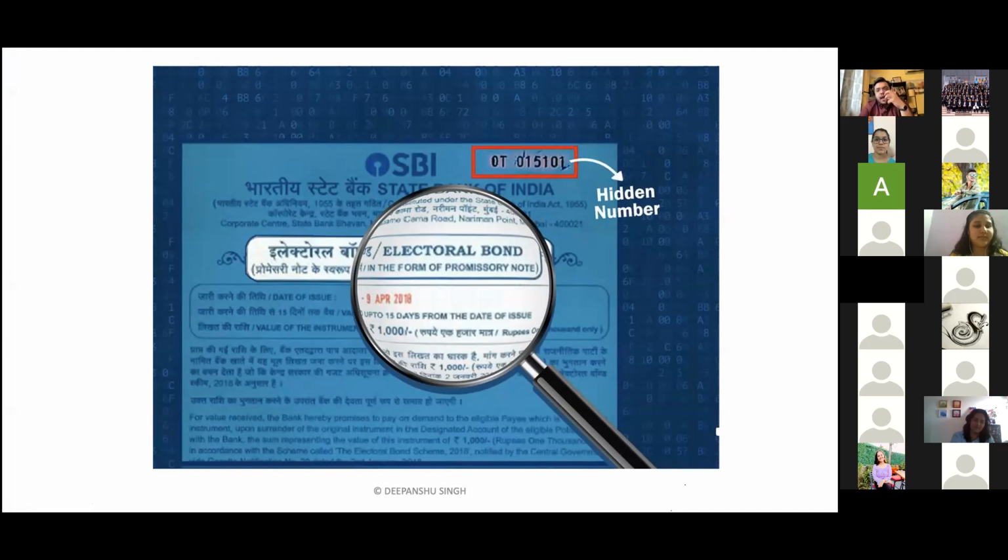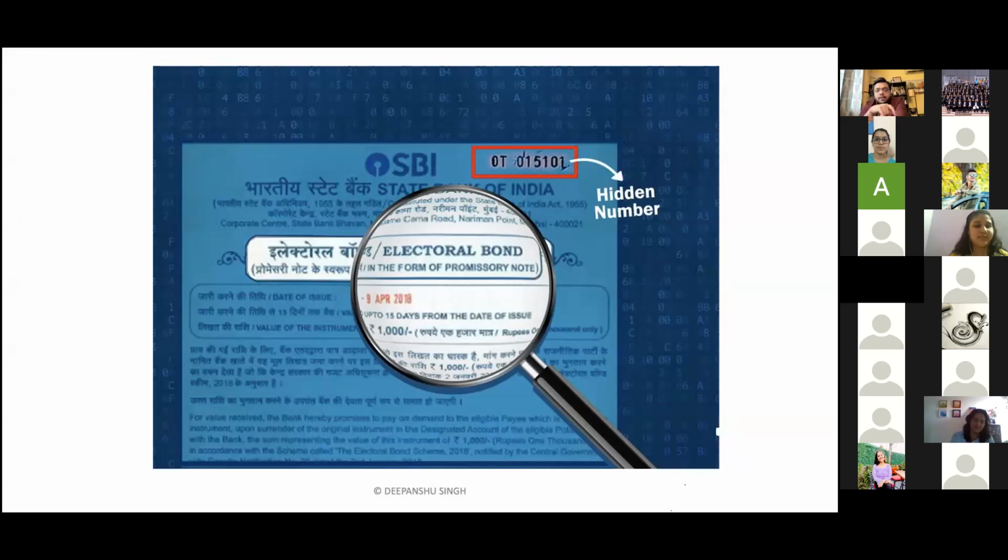A bond is like an instrument where you pay money, and it is like a certificate showing that you have contributed to a certain political party. These bonds are issued by SBI only during certain specified months when elections are about to happen. The government advises SBI to allow this, in accordance with the rules. The bonds start from 1,000 rupees, then go to 10,000, multiples of 10,000, 1 lakh, 10 lakh, 1 crore, etc.